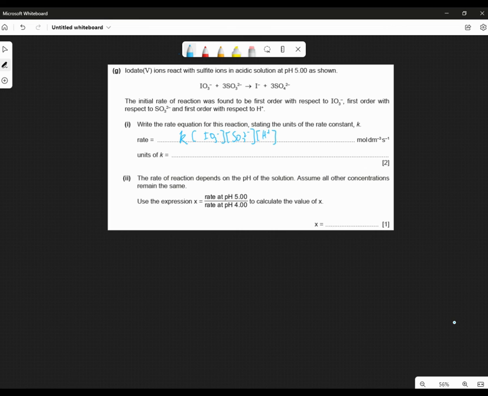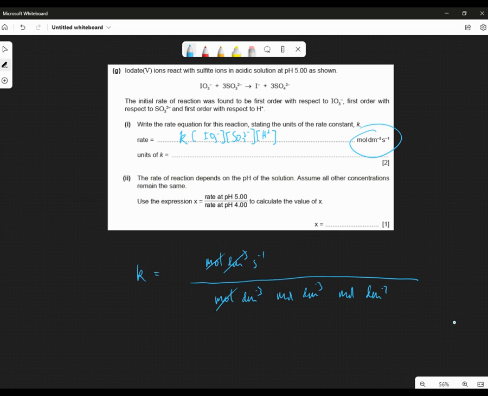Now, with units of k, now this is the rate. So what's the units of k then? Well, k must equal this, moles decimeters cubed per second, divided by concentration cubed, which is moles decimeters to the minus 3, moles decimeters to the minus 3, moles decimeters to the minus 3.